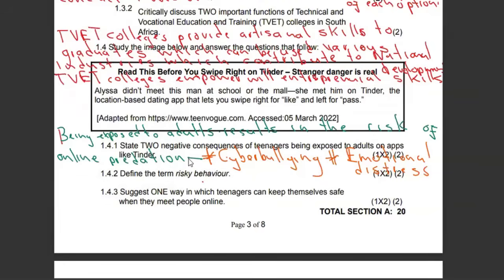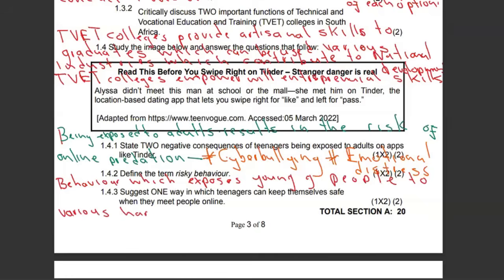So when we are talking about risky behavior, we are talking about behavior which exposes young people to various hazards.